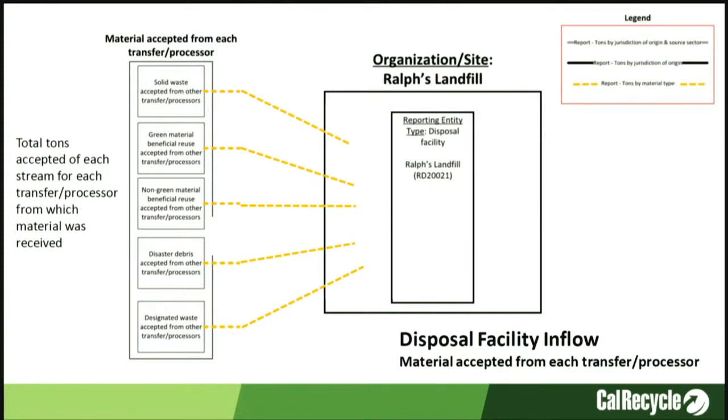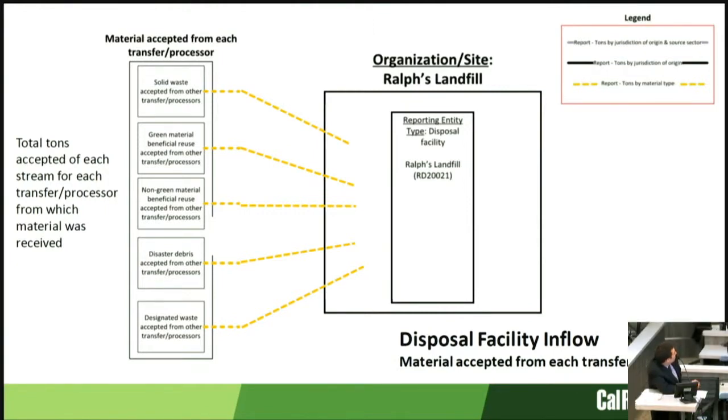In doing so, the jurisdiction of origin is passed along for both solid waste and green material potential beneficial reuse accepted for disposal from each transfer processor. So if for whatever reason the transfer processor dropped the ball on that reporting, the disposal facility has the ability to add that in as if it were added by the transfer processor.